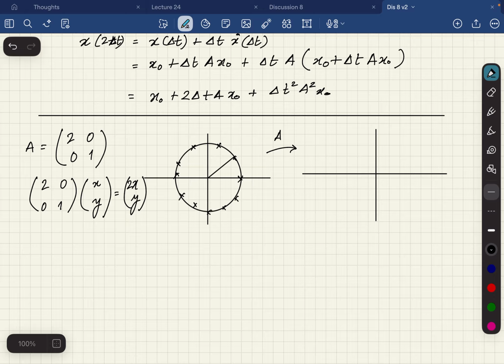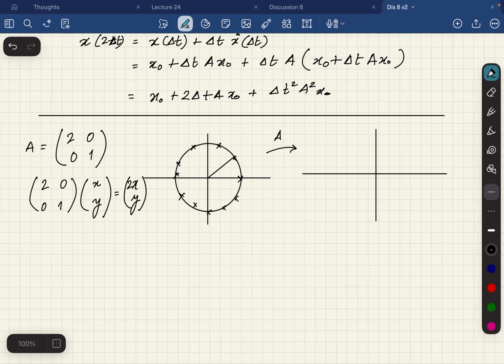Okay, so you multiply any vector on this unit circle with A, and the output that you see is that the x coordinate of the vector doubles up and the y coordinate remains as it is. So what would happen to this circle after multiplication by A? Yes.